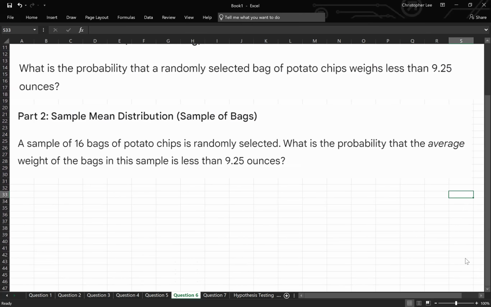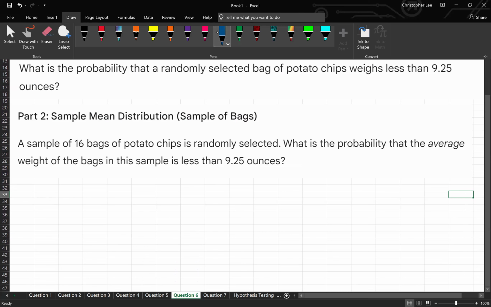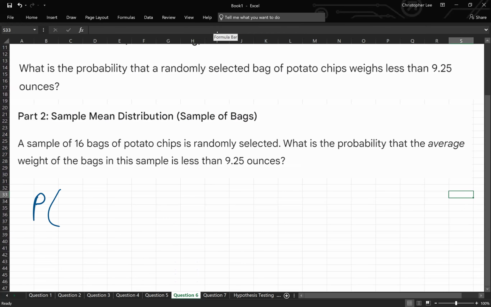So they want to know the probability of X less than 9.25.